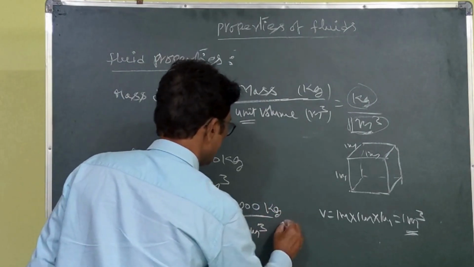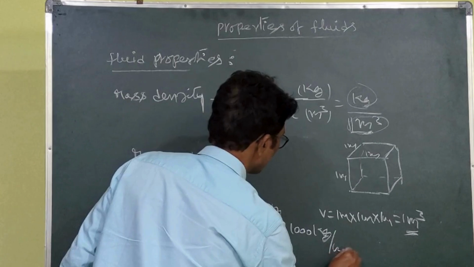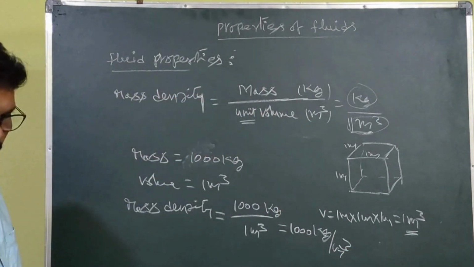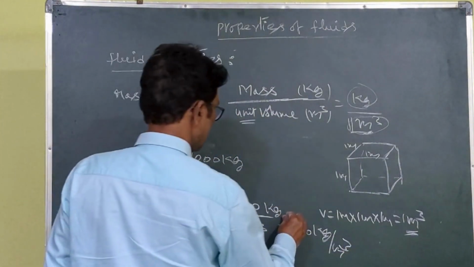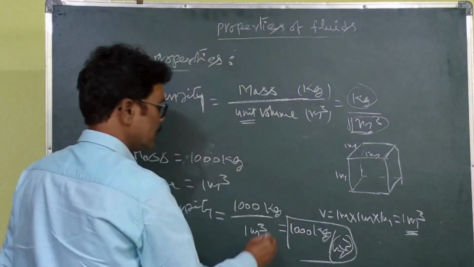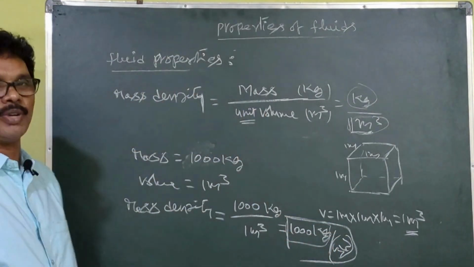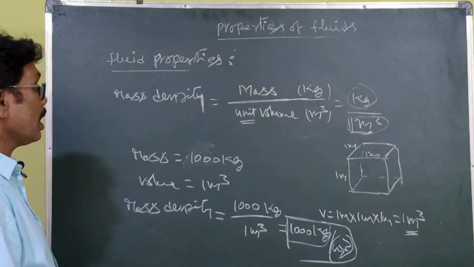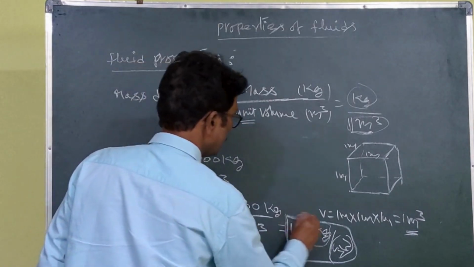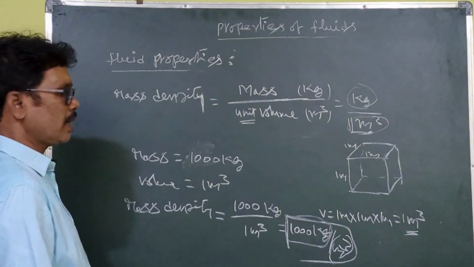So therefore this is equal to 1000 kg per meter cube. So what we can understand from this answer? In 1 meter cube of volume, 1000 kgs of fluid can be accommodated. That is the meaning.